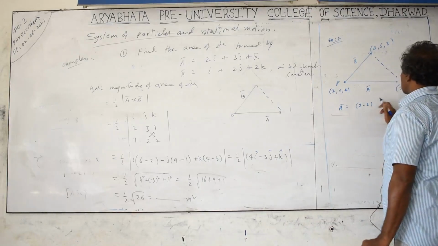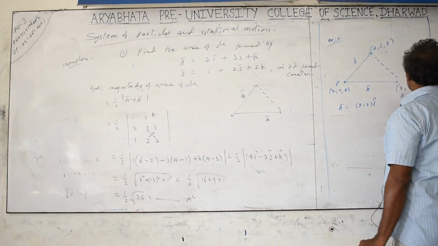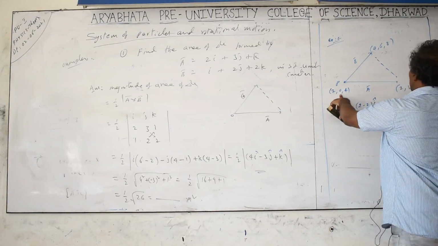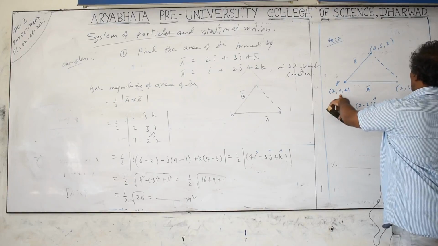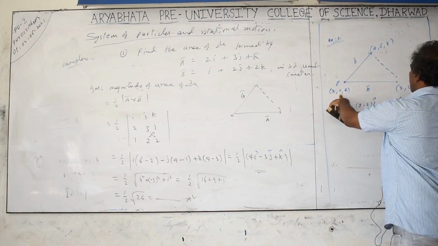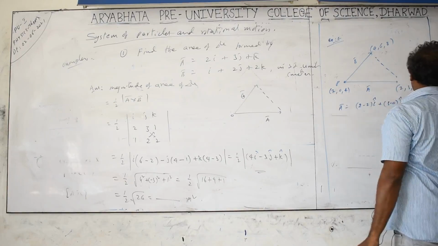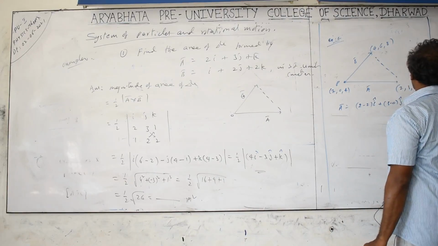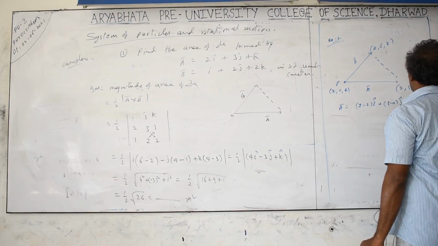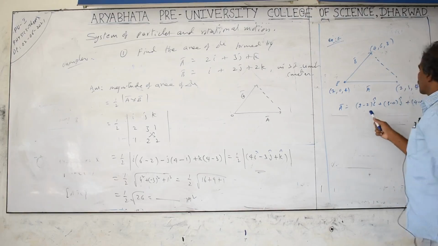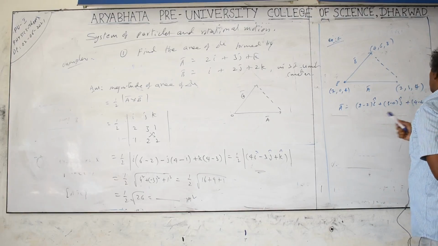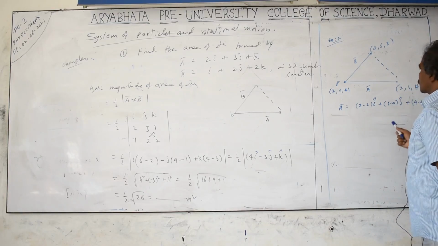They are unit vectors. i: 2 minus 2; j: final minus initial, 3 minus 0; k: 4 minus 4. So this will turn out to be 0 i, only 3j comes, means only along the y axis, but I am changing these values so that 0 does not come.